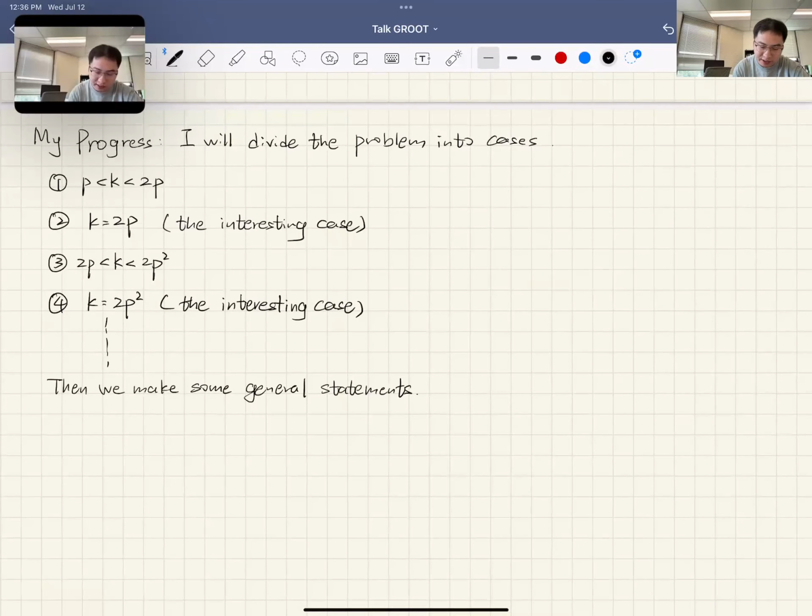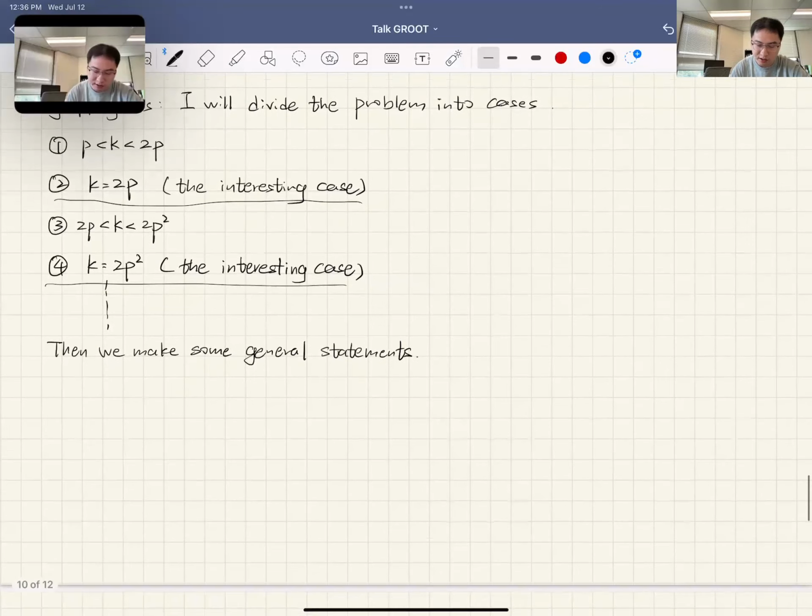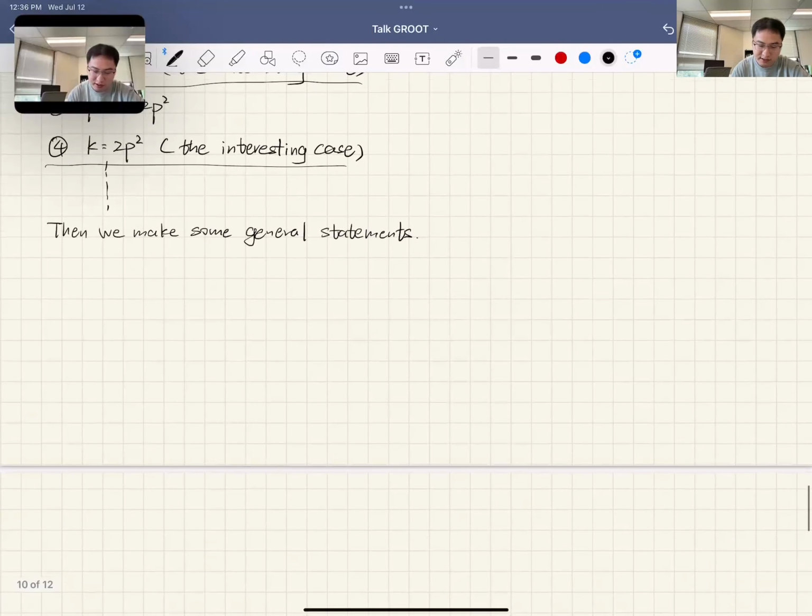I have k greater than p and less than 2p for my first case, and I have k equal 2p for my second case, and k greater than 2p and less than 2p squared, and k equals 2p squared. Then in the end, I can make some general statements regarding those interesting cases. So why are they interesting? We shall see in a second.